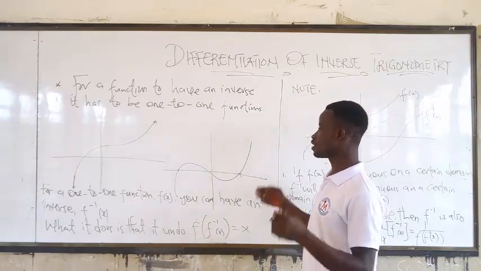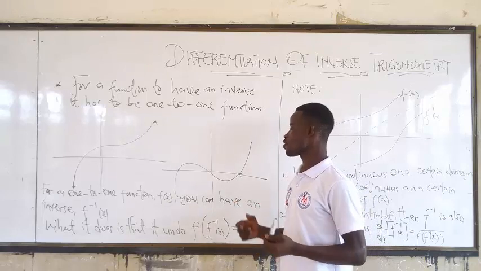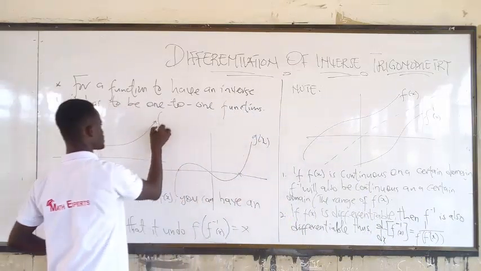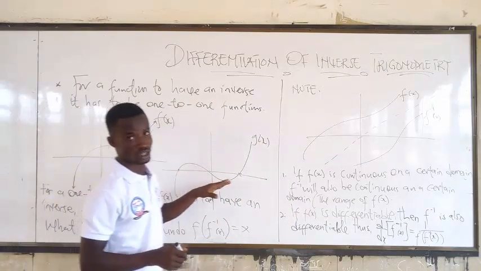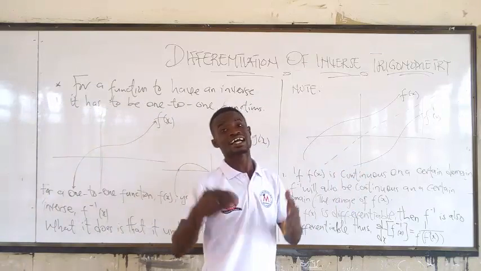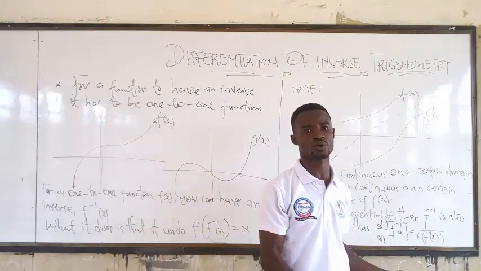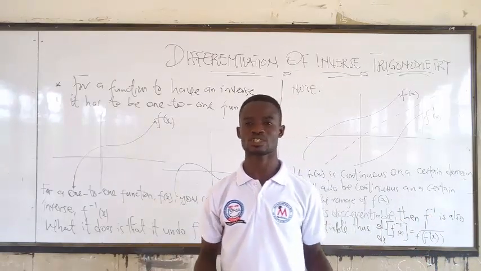So here we are going to consider the x-axis, where this graph is, let's say, g of x, and this graph is f of x. If any of the graphs cuts one axis of the x, then we call it a one-to-one function. But if it cuts 2, we will say it is not a one-to-one function.